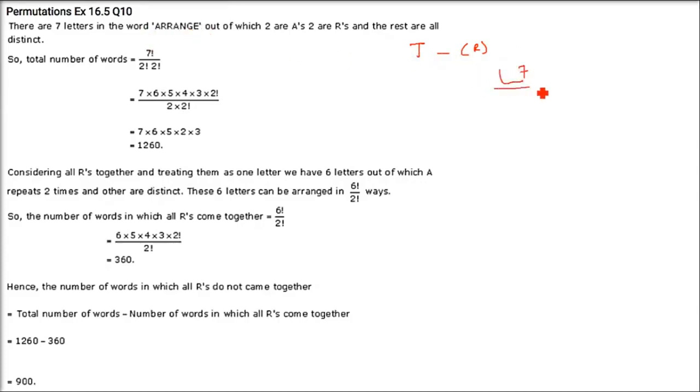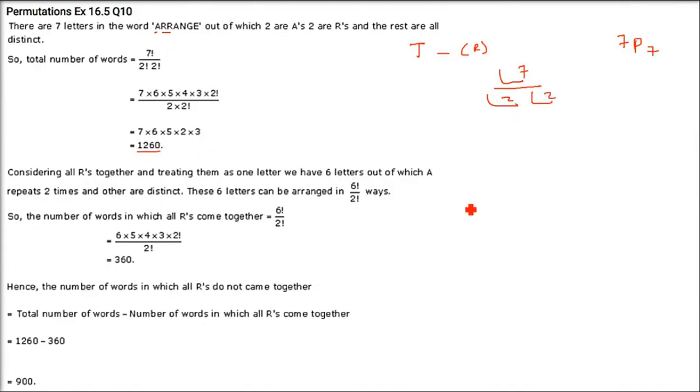So how many are there? Factorial 7, 7P7, 7 taking all at a time. Now, the problem is that R is repeated, A is also repeated. So factorial 2 you divide. So this is all the possibilities.